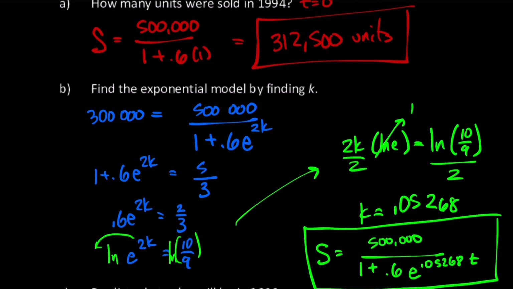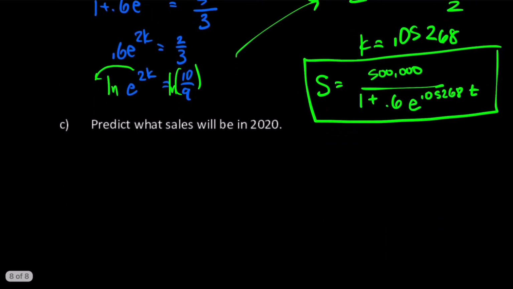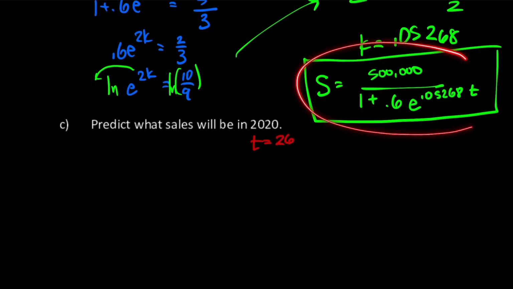Upper level question right there for sure. And then lastly, predict what the sales will be in 2020. We had to figure out what t is. You just subtract 94, so that's going to be 26. Plug into this fun function we just found.